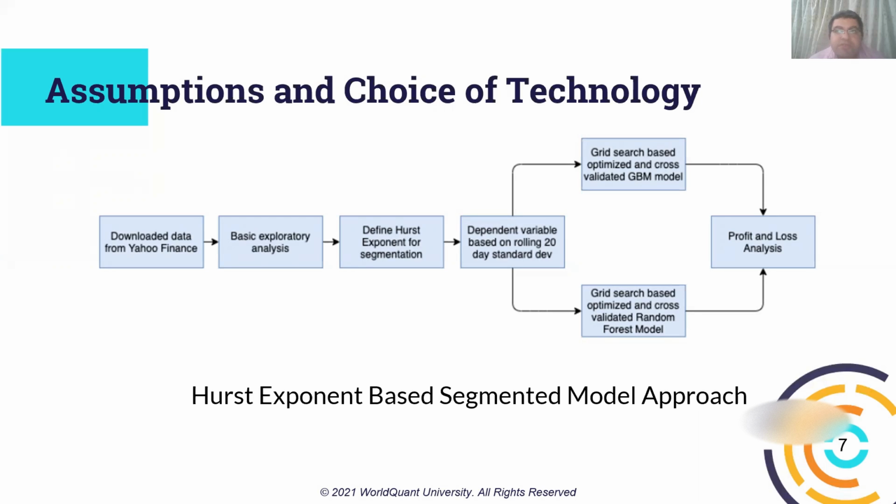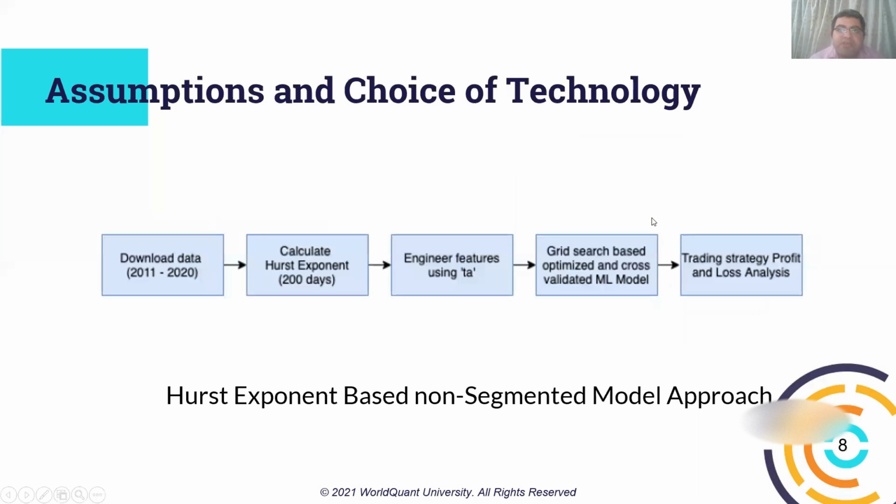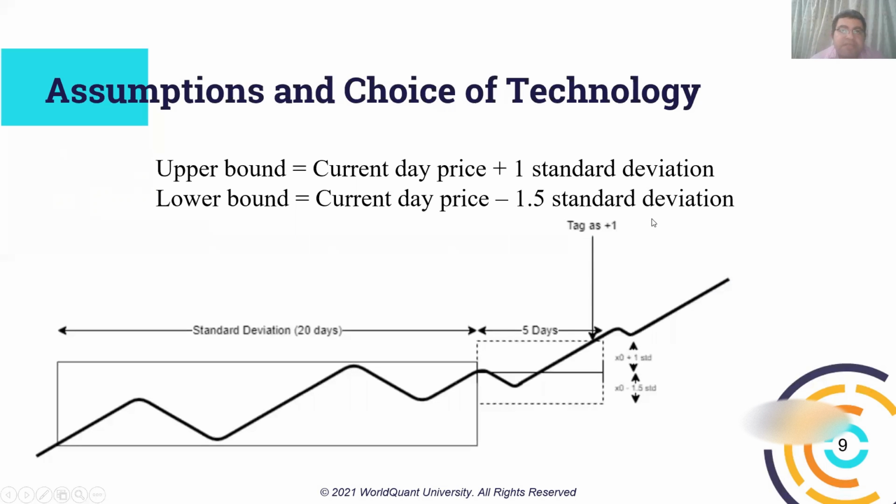The segmented model approach is using either GBM in one branch or random forest in the other branch, while the non-segmented model approach is relying on technical indicators. Another assumption is that the upper bound is the current day price plus 1 standard deviation, and the lower bound is the current day price minus 1.5 standard deviations.